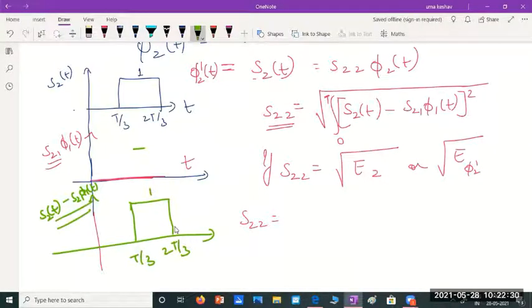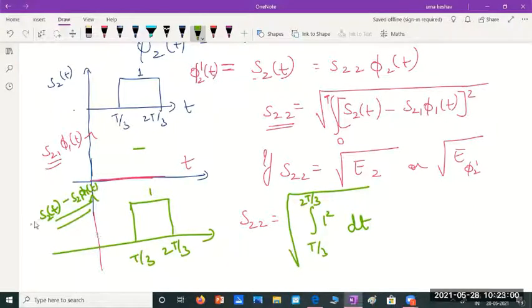Square that signal and what will I get? 1 square in the interval t by 3 to 2t by 3, and I should find the root of this. That is S22. So the energy under this signal is found by squaring the signal and integrating it in the given limits.